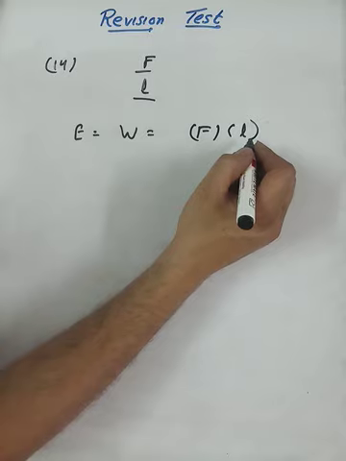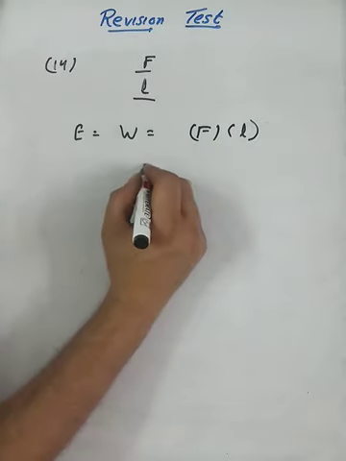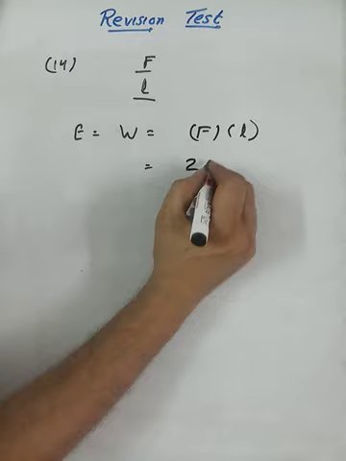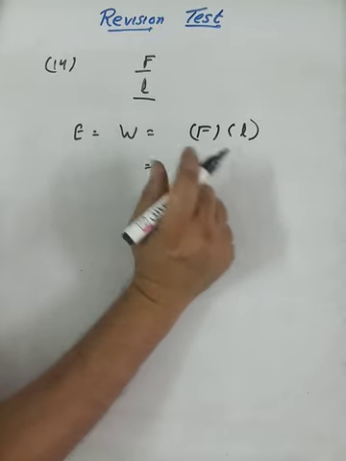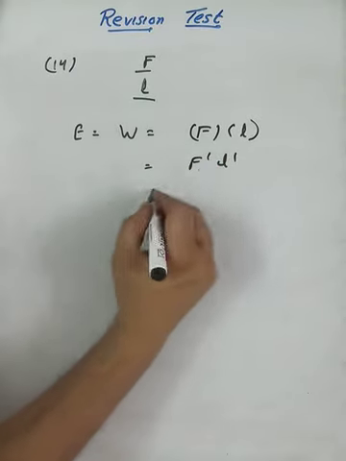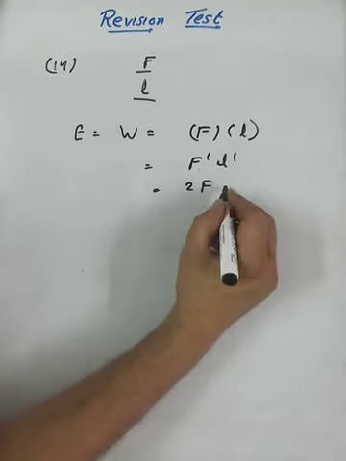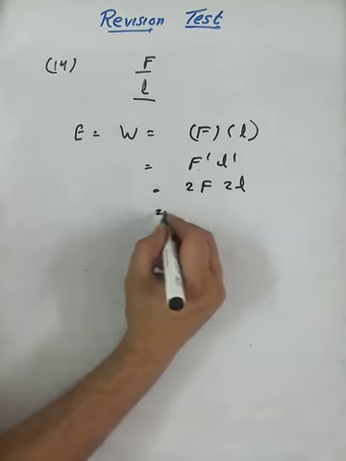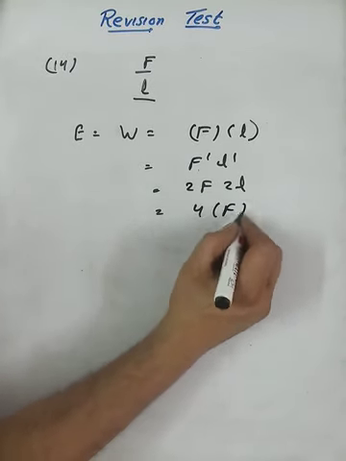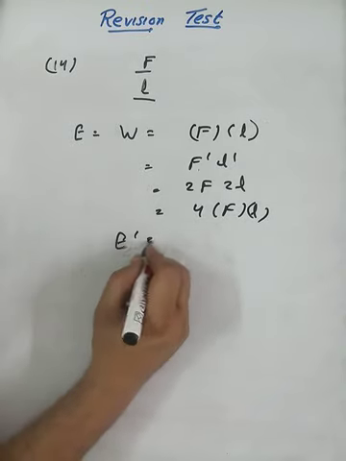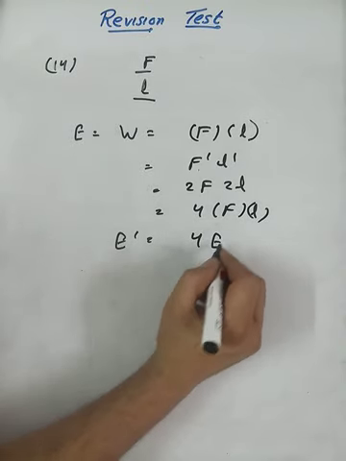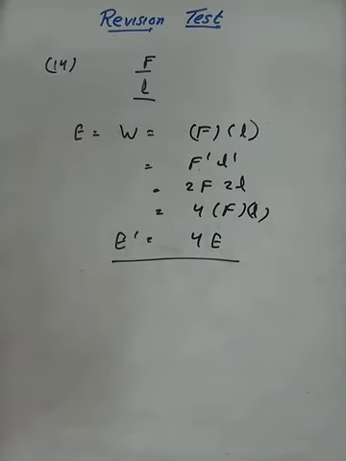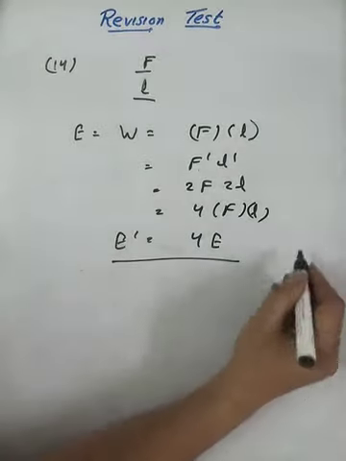Now if we double it, if force is doubled, F dash and L dash: F dash is twice F and L dash is twice L, then it is 4 times FL. That means the new unit of energy is 4 times the old unit. That means it will increase 4 times. The answer to question 14 is option D.